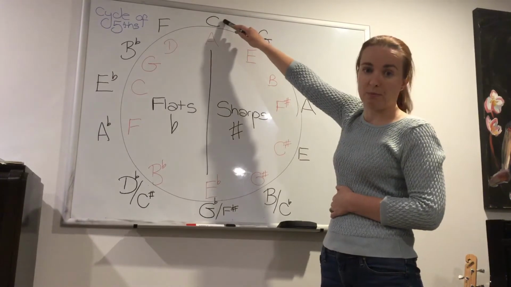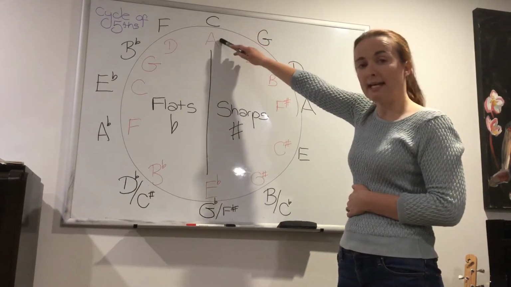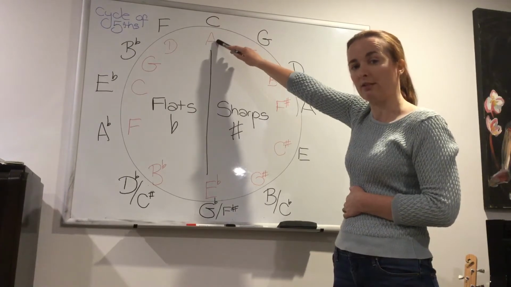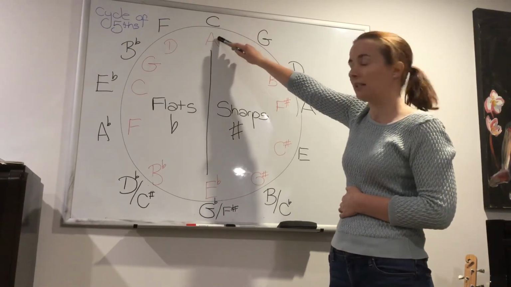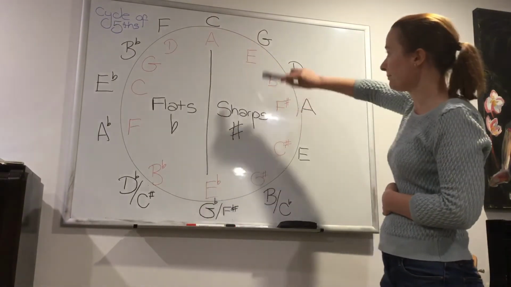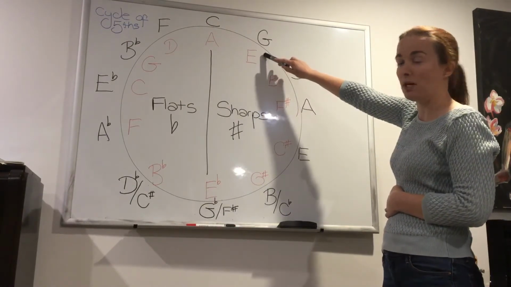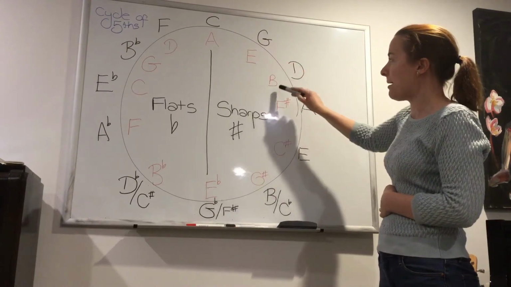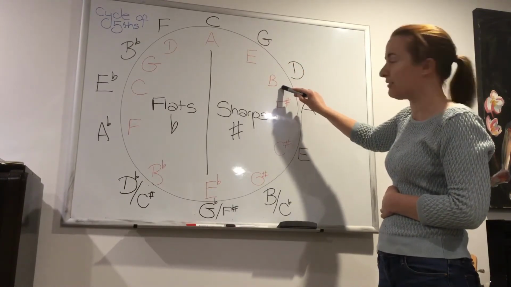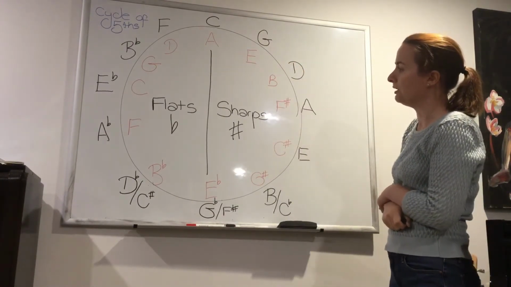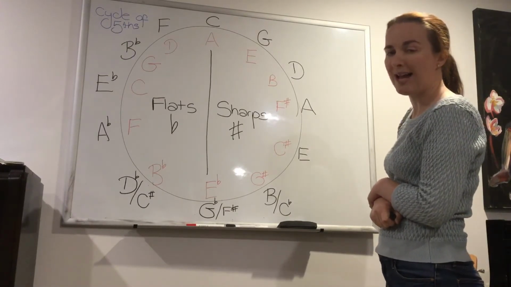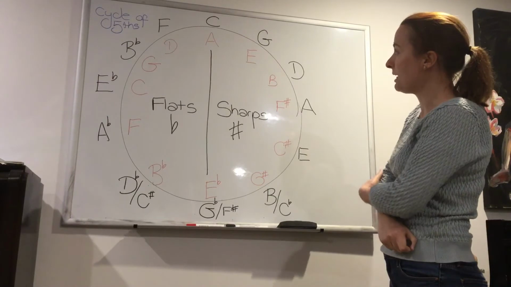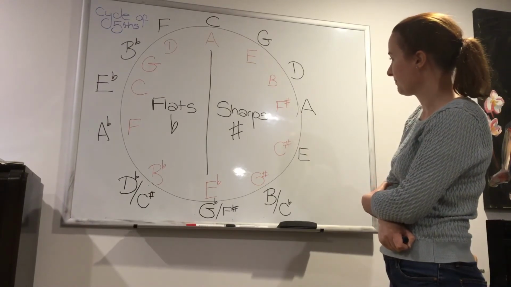So I popped it up there. A is the relative minor of C, so that's why A is written on the inside directly underneath C. Then we have E minor, which is the relative minor to G major, B minor relative to D major, etc. So just make sure you have those minor keys written in as well as the majors.